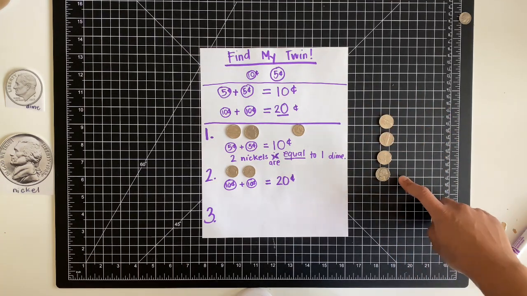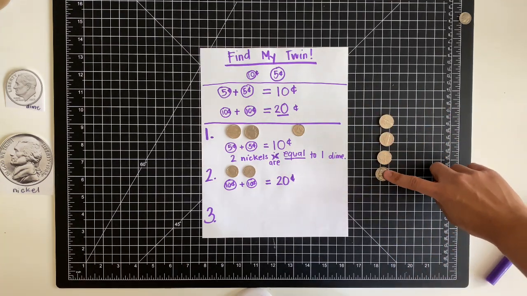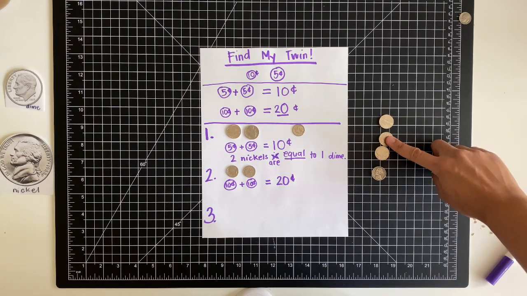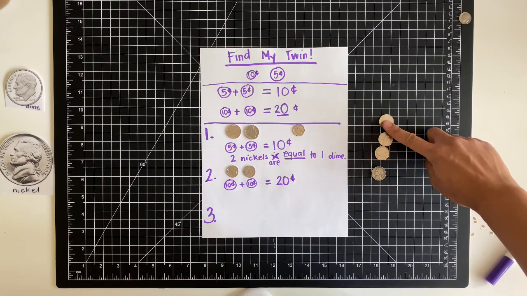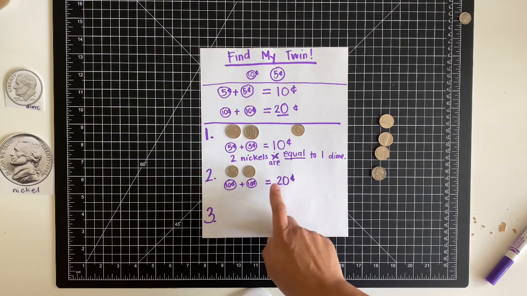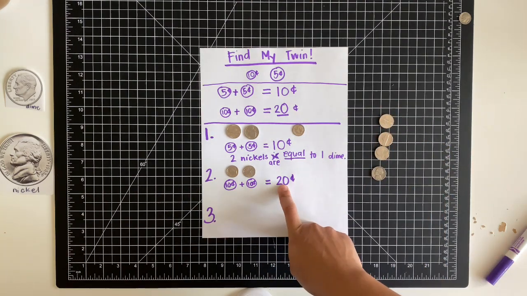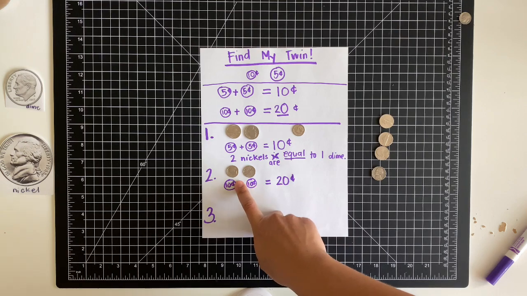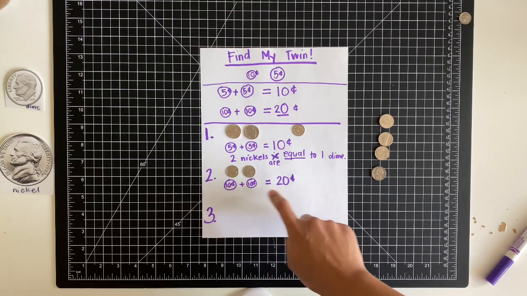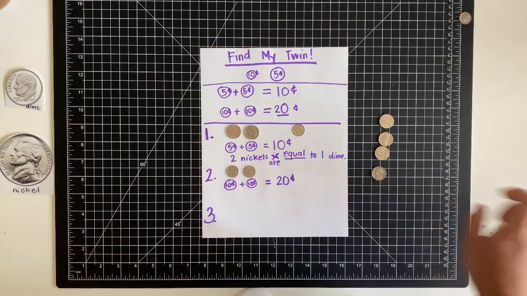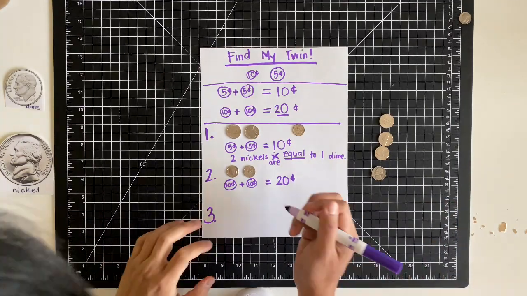How many nickels did it take? Let's count it. 1 nickel, 2 nickels, 3 nickels, 4 nickels. So to make 20 cents, I need 4 nickels. To make 20 cents, I also need 2 dimes. So those cent values are equal. I'm gonna write that down.